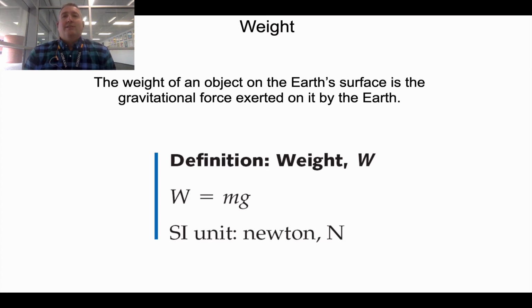And that's what we have to keep in mind, that weight and mass are different. Weight depends on mass, but it also depends on gravitational pull. So on the moon, for example, a 100 kilogram person is only going to weigh 160 newtons, about 1/6 of that on Earth.